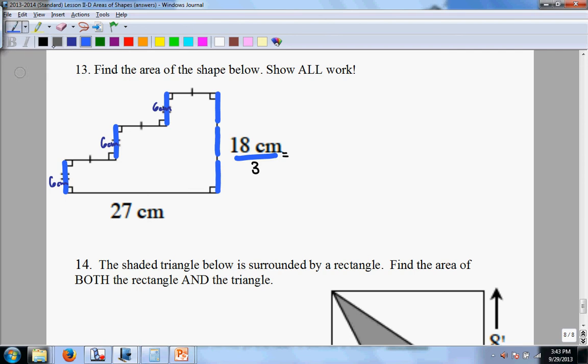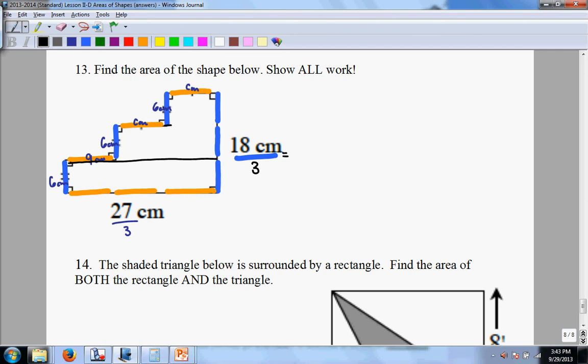Notice the hatch marks going this way. Trace them out. 1, 2, 3. Once again, if you bring them down, you see that we have 3 equal pieces. So we're going to do 27 divided by 3, and of course we get 9 centimeters. We want to find the area of this shape now. There's a couple ways you can do this, but one of the easiest ways is just to break it down into 3 different rectangles.